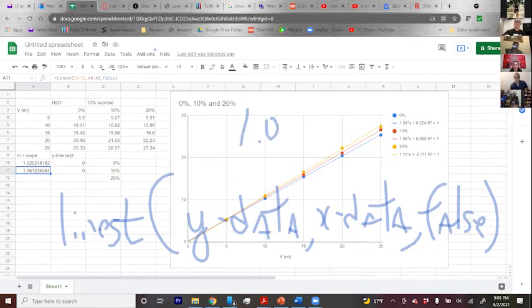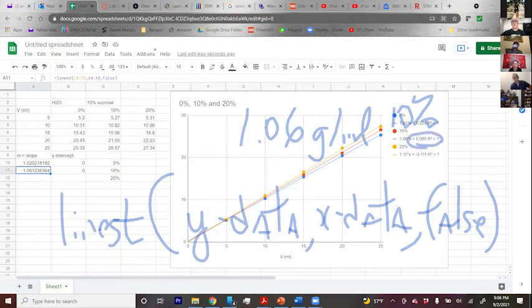So 1.06 is the same grams per mil, 10%. So that didn't change. And that makes sense because you can see that the y-intercept is really close to 0, much closer to 0 than the water was. So when you correct it, it really doesn't change very much. So that makes sense. So I get the same value for 10%.